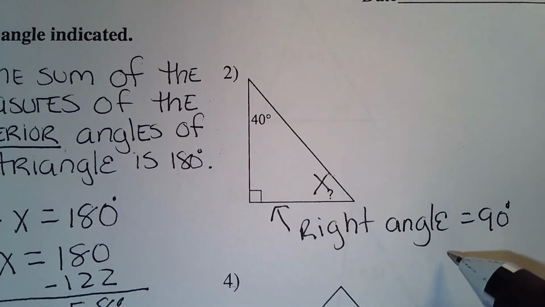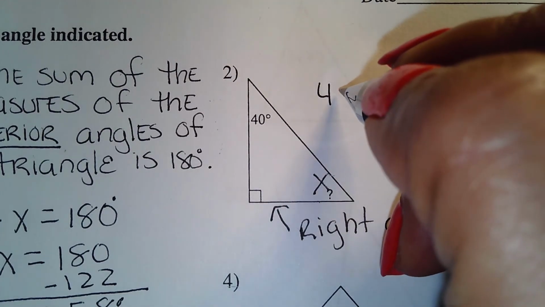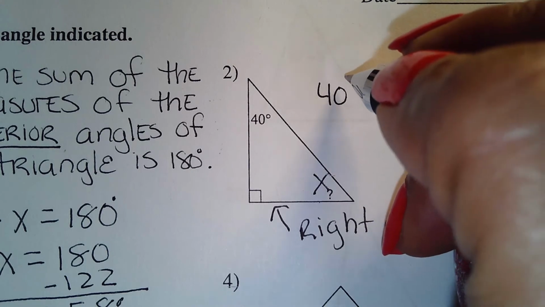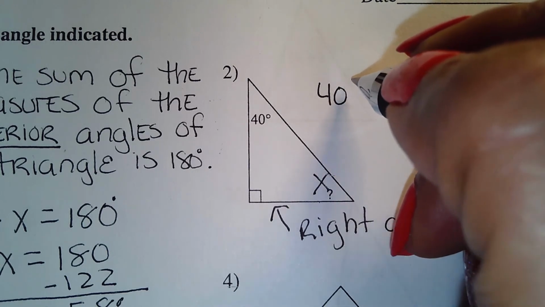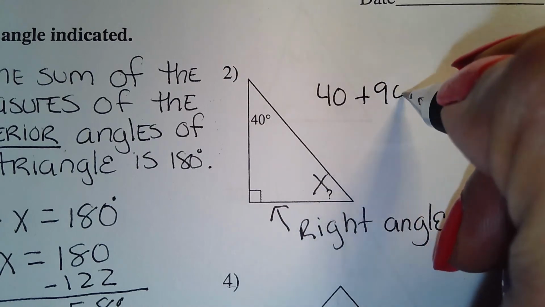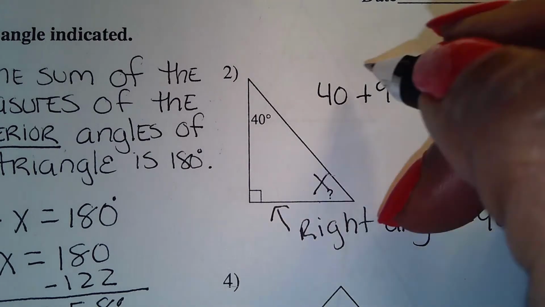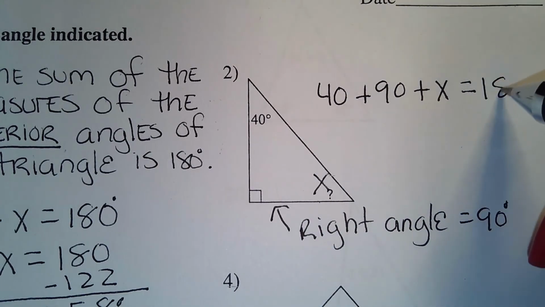So now that you've reminded yourself of that, you can rewrite your equation and find that missing value for X. So I'm going to have 40 plus 90 plus X, and all three of those angles must equal 180.